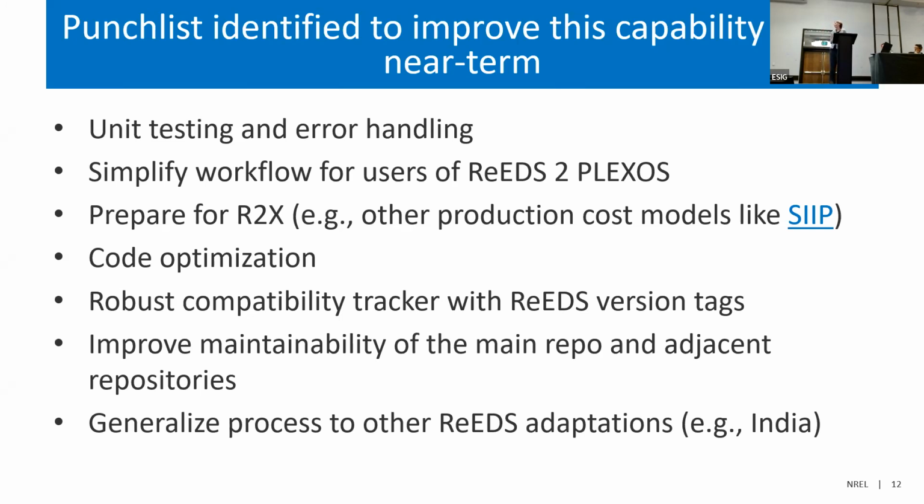The first bullet, unit testing and error handling, is just trying to automate the process of making sure that these links work. And the second one, simplify workflow for users of ReEDS to PLEXOS, really gets back to that interface question. How is it that users are using this tool? Is it straightforward to know what to do? How can we simplify and make this work better?